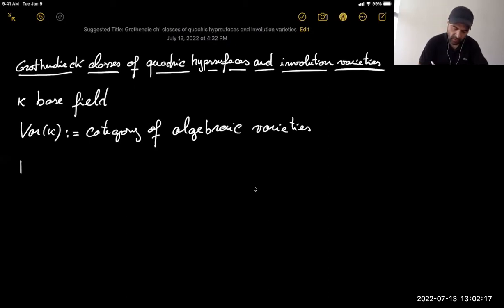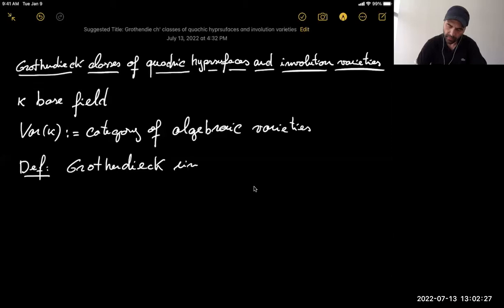And let me start with the main definition of the talk, which is the Grothendieck ring of varieties, which I will denote by K0(Var_k).